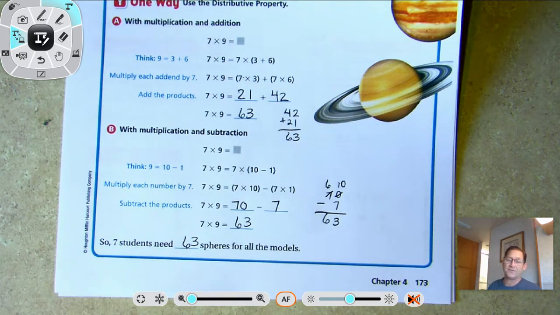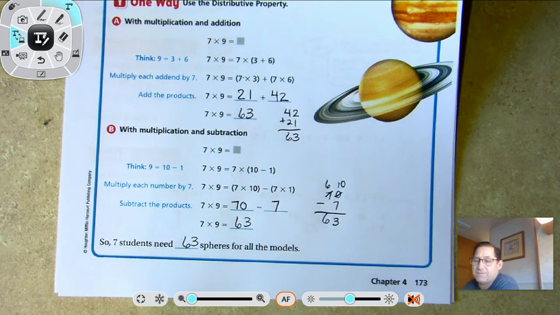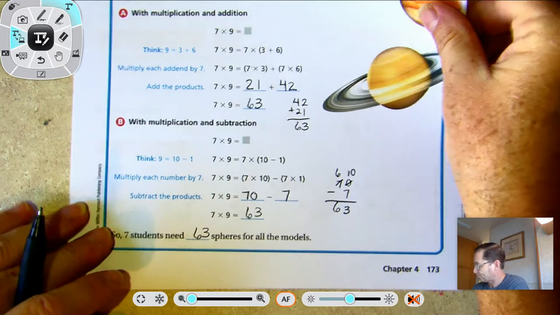So the students need 63 spheres for all the models. Okay? So that's one way to do it. Would it be easier just to memorize 7 times 9 is 63? Sure. Okay. But it is kind of fun to know that I can play with the numbers. I can break them up into different values and still get the same answer.